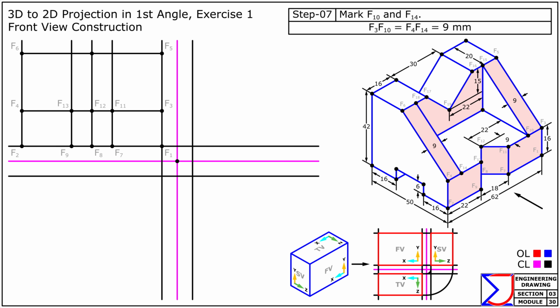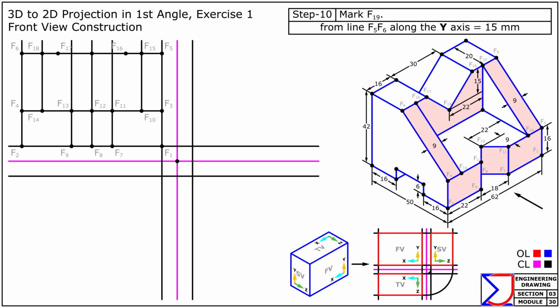Mark points F10 and F14 on line F3, F4. Mark points F15 and F18 on line F5, F6. Mark points F16 and F17 on line F5, F6.